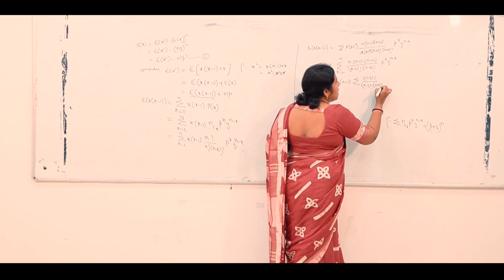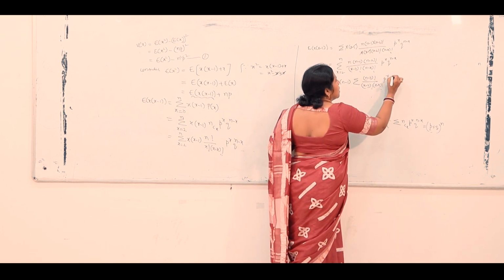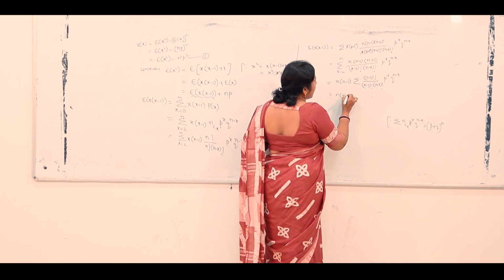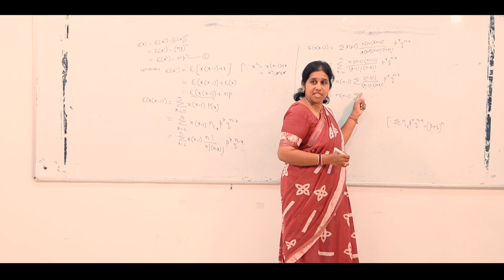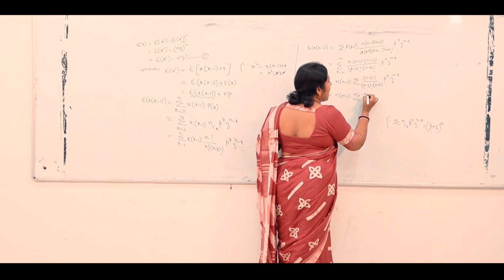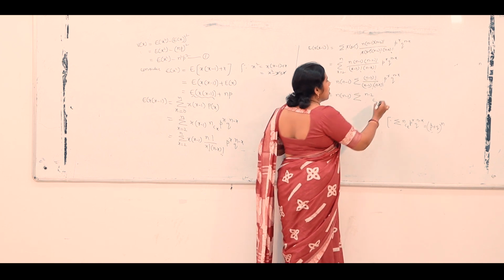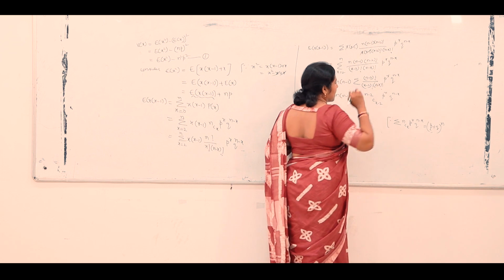Now you can use here the nCr formula. p power x, q power n minus x, n into n minus 1 summation. This entire term you can write in nCr form as n minus 2 C x minus 2, p power x into q power n minus x.